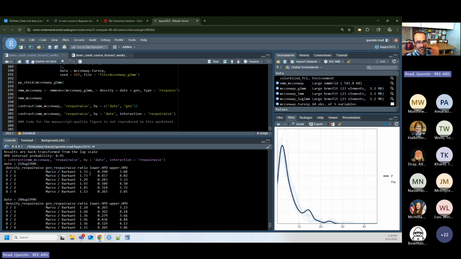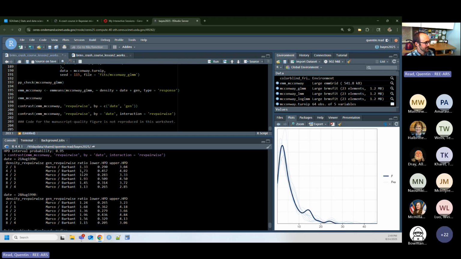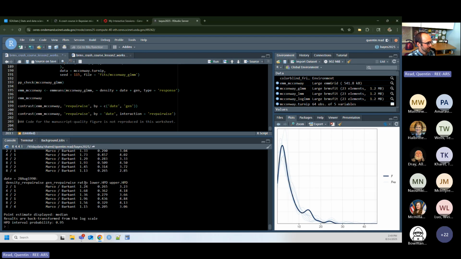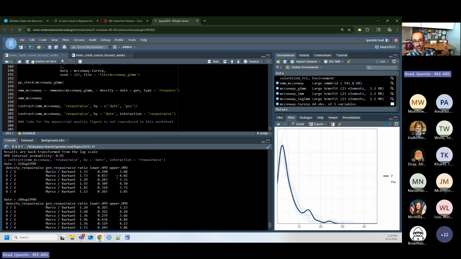Is the density effect stronger in Marco or is it stronger in Barcant? It looks like most of these ratios are pretty close to 1, indicating that the effect of density within each planting date is similar between the two genotypes. It doesn't matter that much which genotype you are, increasing density increases the yield. And there's very little evidence that one genotype responds more strongly to increased density than the other.